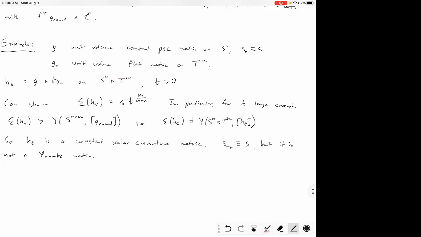So we've talked about the Yamabe invariant of a conformal class, but now I want to define the Yamabe invariant of a manifold, right? So not choosing a conformal class. So we have the Yamabe constant of the conformal class, we can have the Yamabe invariant of a manifold.